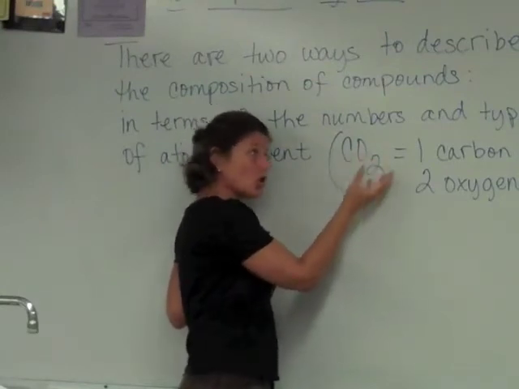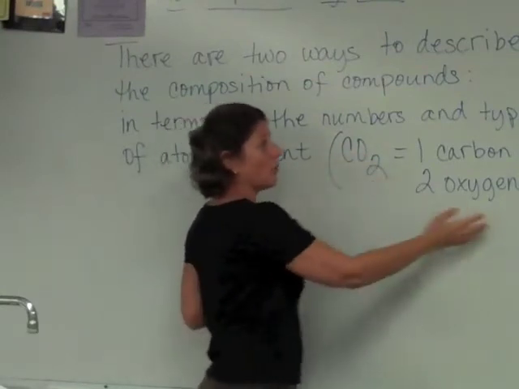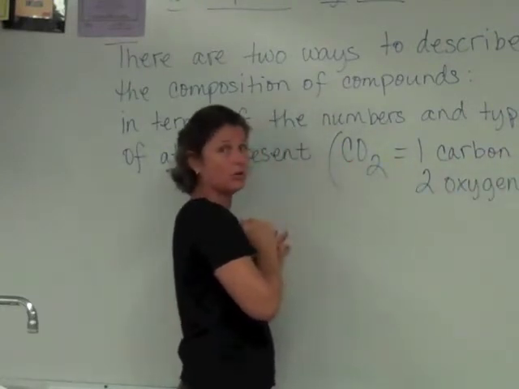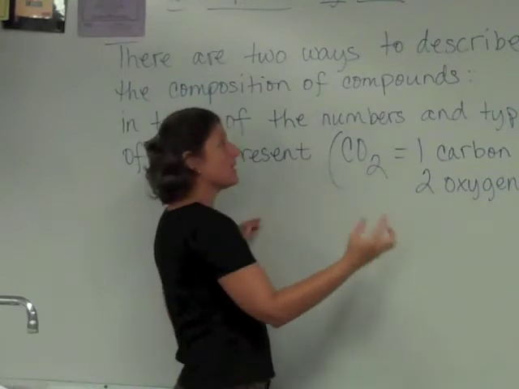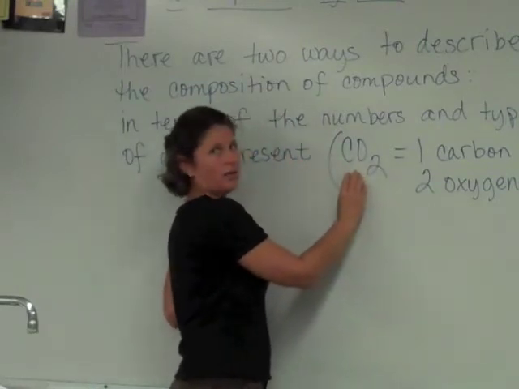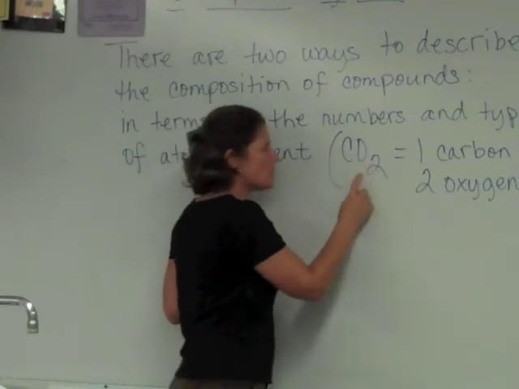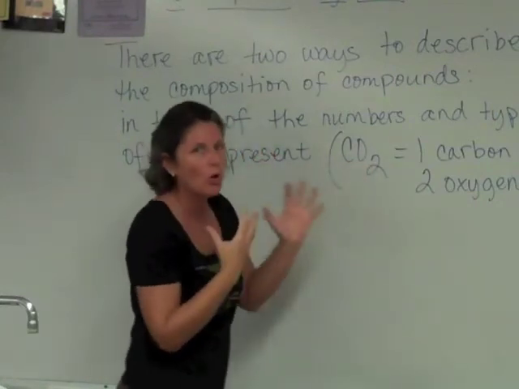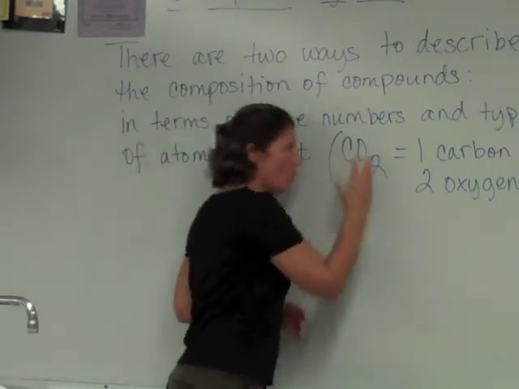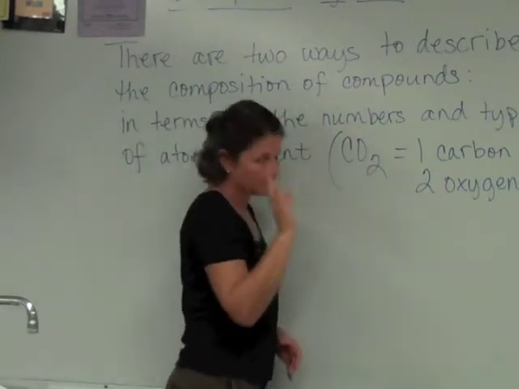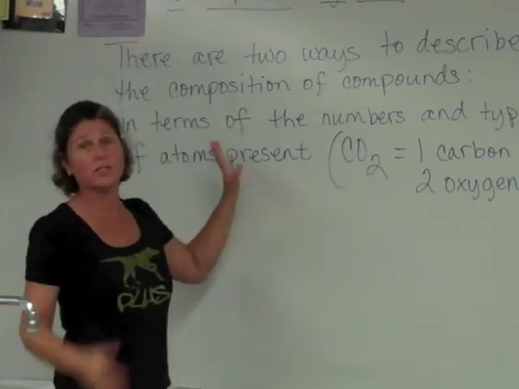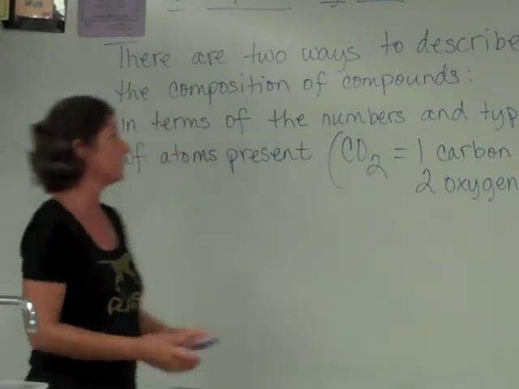So this shows me not only my ratio of atoms to each other in the single molecule, but if I have a mole of this, it also describes how many moles of each element I have one to another. Okay, so that's one way we can describe the composition of a compound.